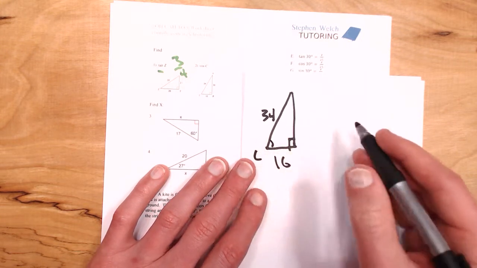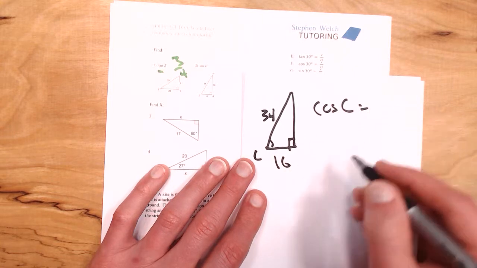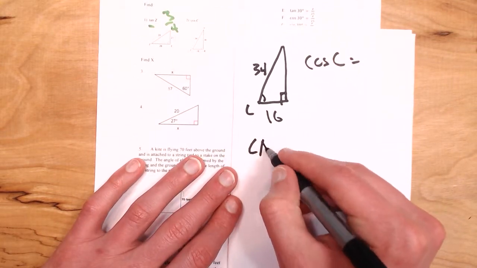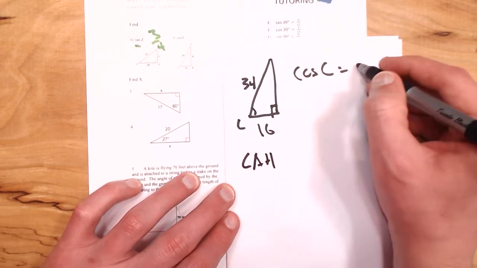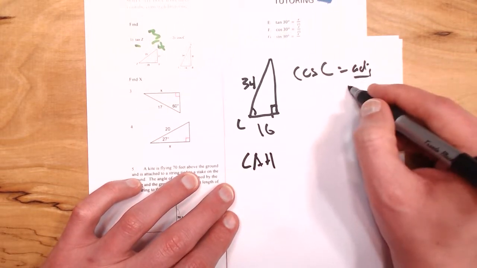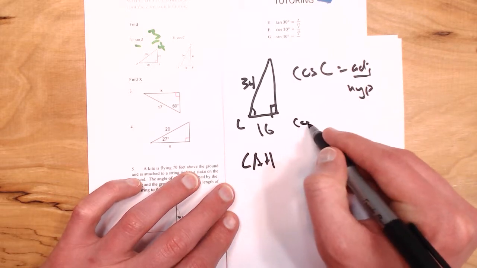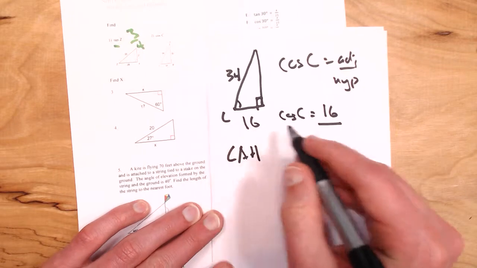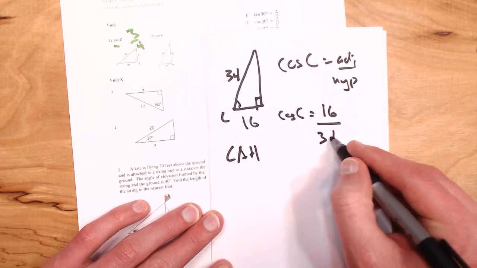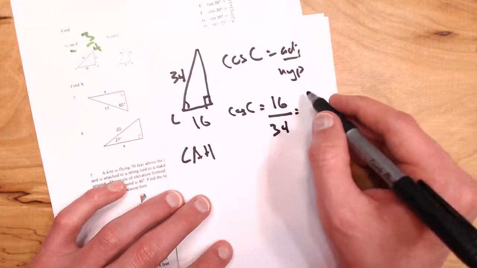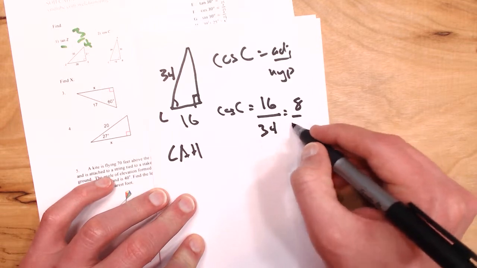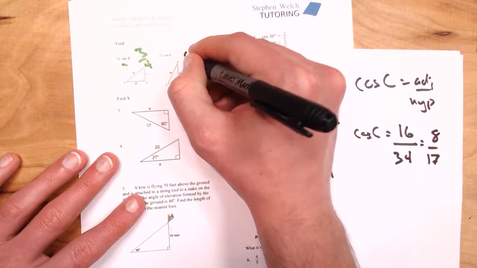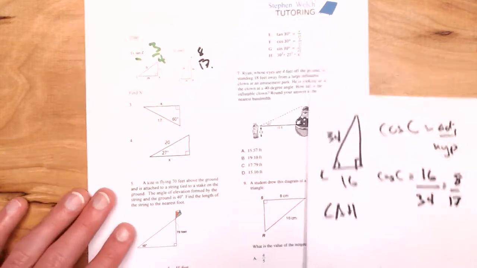We're trying to find the cosine of C. Remember SOH CAH, CAH is C-A-H, so that stands for the adjacent over the hypotenuse. So the cosine of C must be 16, which is our adjacent, over the hypotenuse, which is 34. This simplifies, you can use your calculator, to 8/17, and that's the right answer. So 8/17 is the cosine of C.